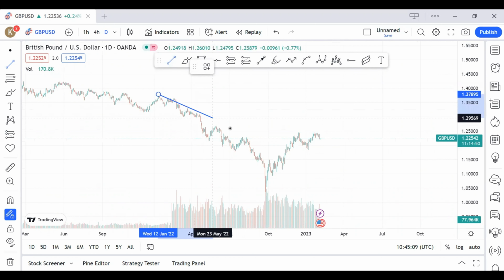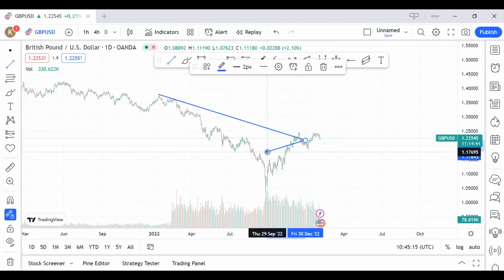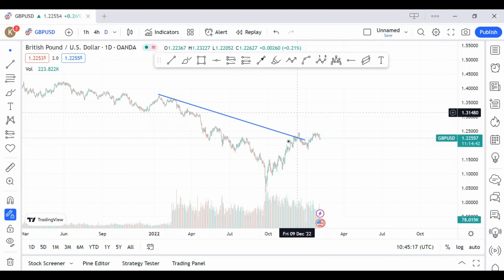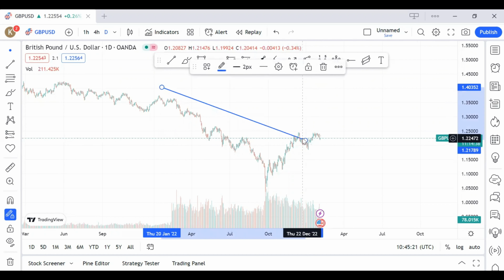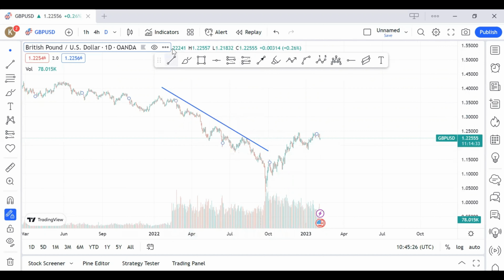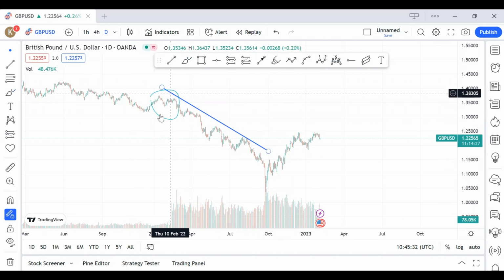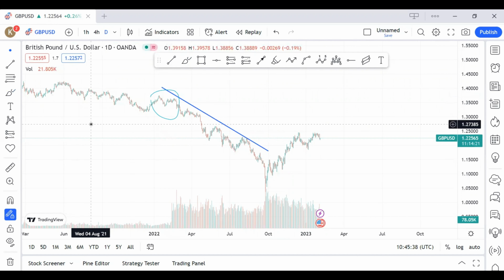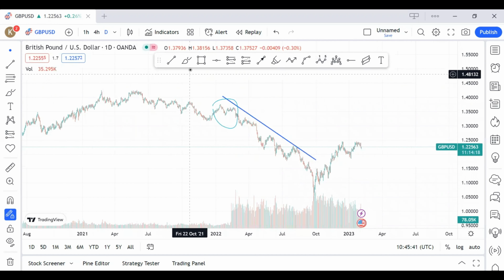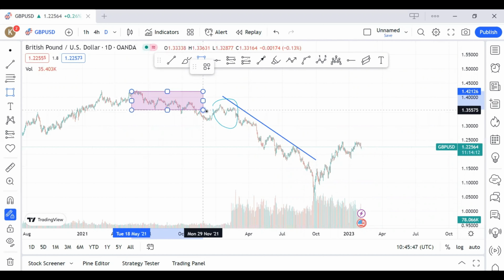Looking at this current market structure, we can see that the market has been ranging in this type of formation, meaning that the market has been moving in a bearish momentum from this point here. It started changing its direction at this point, because as you can see from this previous market structure, the market has been moving in a bit of a consolidating down formation.